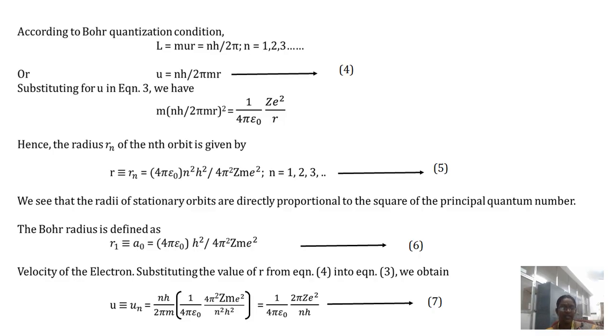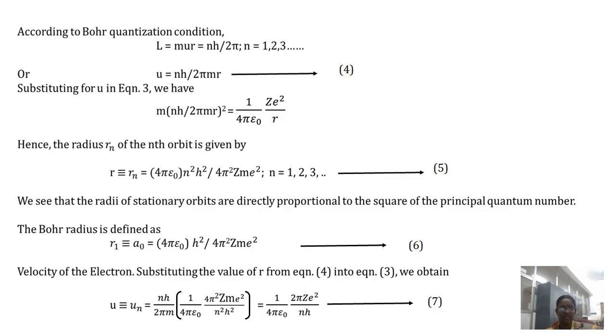The Bohr radius is defined as r1 is equal to a naught, that is 4 pi epsilon naught by h squared is equal to 4 pi squared Z m e squared. Velocity of the electron: substituting the value of r from equation 4 into equation 3, we obtain u is equal to un, that is nh by 2 pi m of 1 by 4 pi epsilon naught 4 pi squared Z m e squared by n squared h squared.